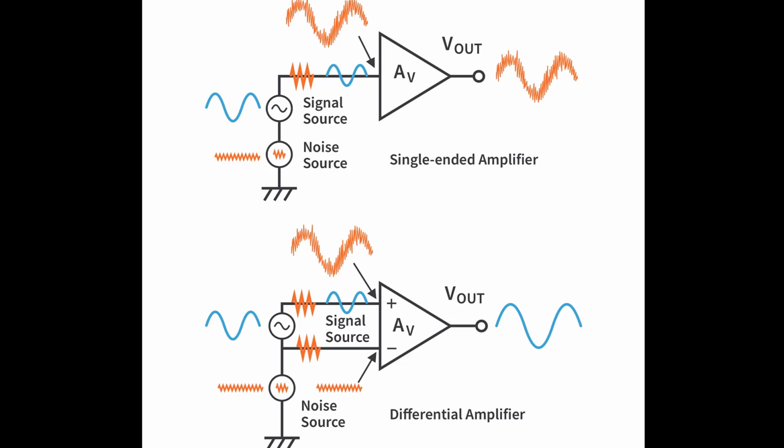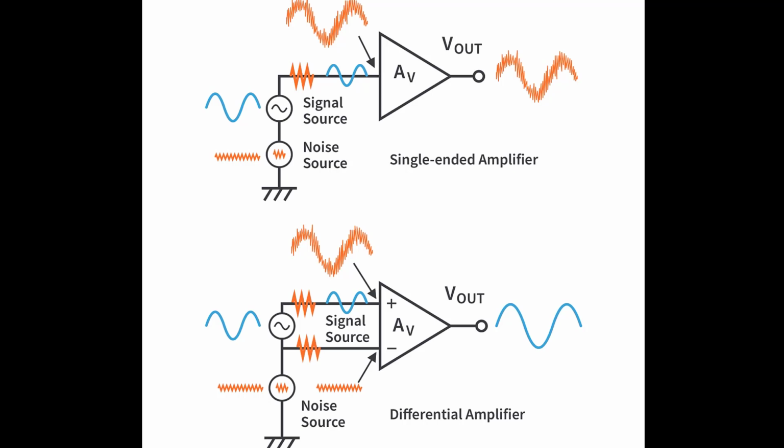But in the case of a differential amplifier, the same amount of noise is input at both input terminals. If the amount of noise is exactly the same, it gets subtracted and we can get a pure output signal without any noise combined with it. The common mode rejection ratio is specifically used to reduce the noise on transmission lines.